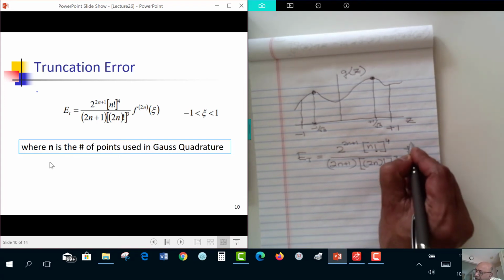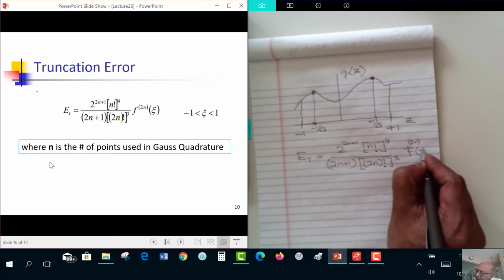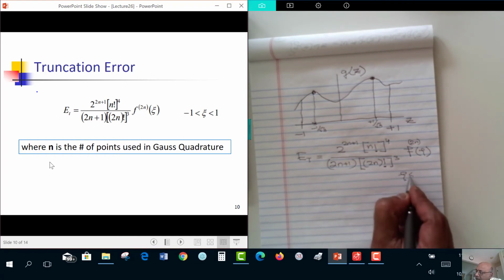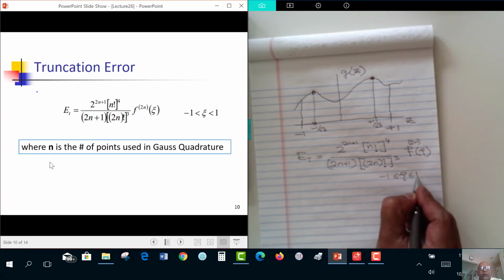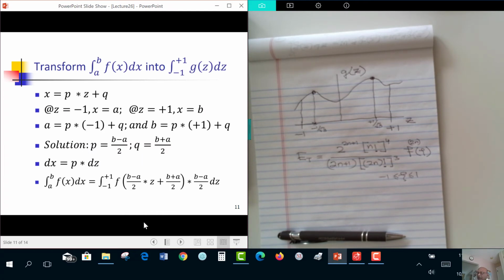And then the derivative is of the order 2n. We evaluate at zeta. And of course, zeta is between -1 to 1. Okay. So this should be actually less than or equal to. Okay, so far so good.